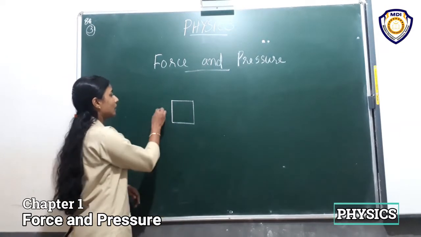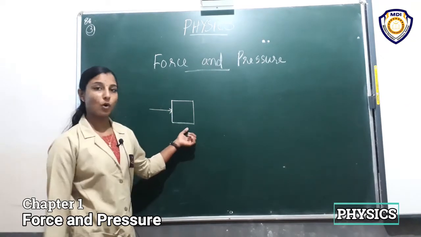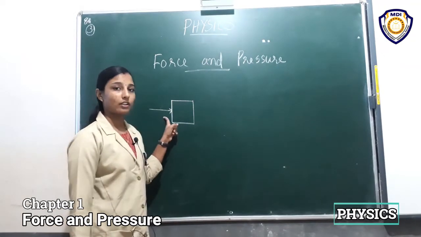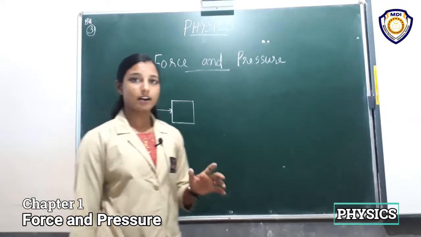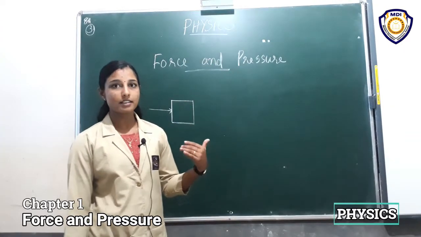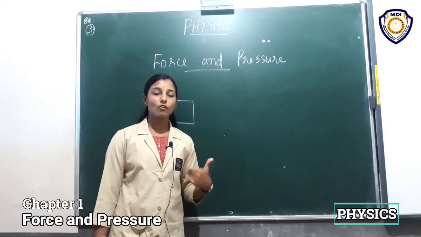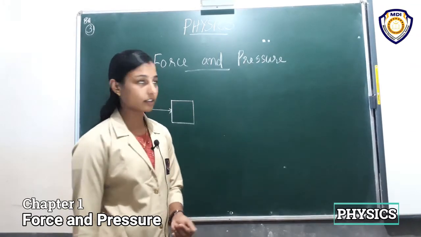Here we apply some force on this box in this direction. We already said that force has both direction and magnitude, so we can call force a vector quantity, right?